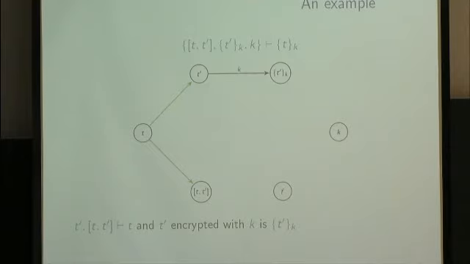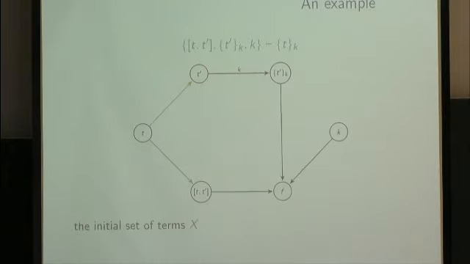I have the blind pair t prime, and above I have the term, one of the terms t prime, and therefore I can get one of the terms. In this case, I put in transitions. The earlier one says that from t prime, when I have got k, I can get t prime encrypted with k, and so it goes on like this.